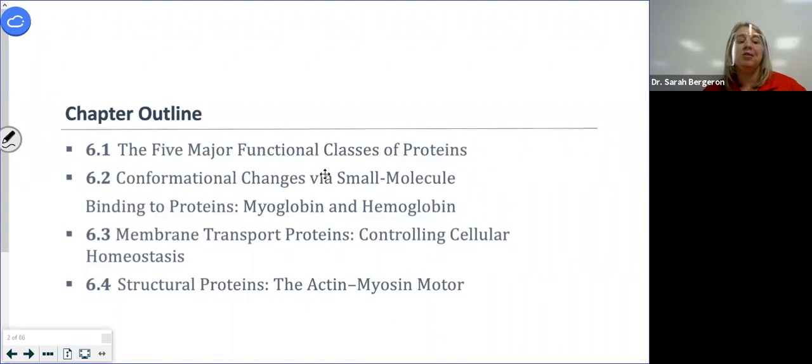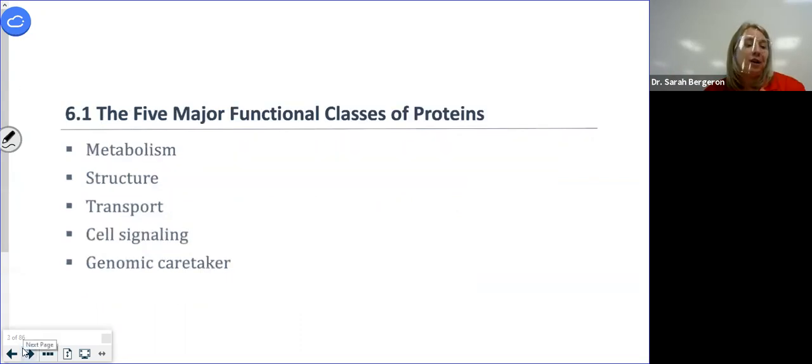And then we're going to take an example from 3 of them and illustrate how important conformational changes are in order for proteins to function, and how the interactions of these proteins with other proteins and with themselves really facilitates their function. So we'll use those 3 as examples.